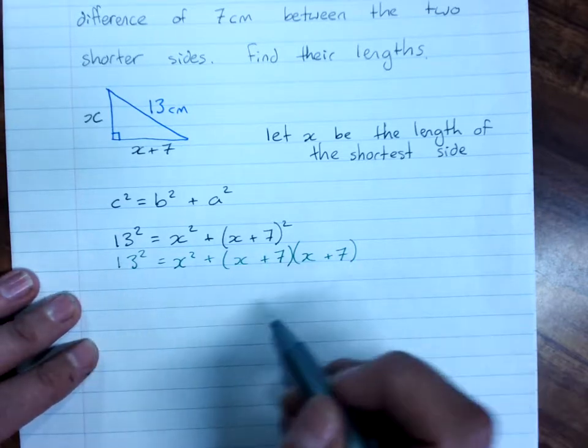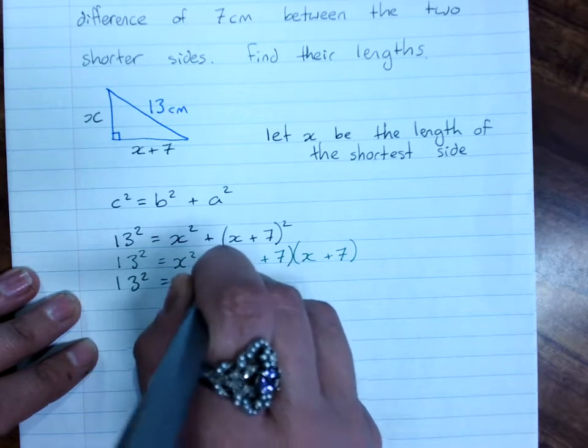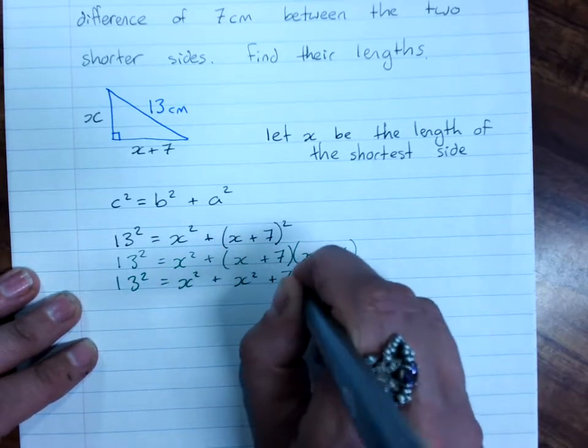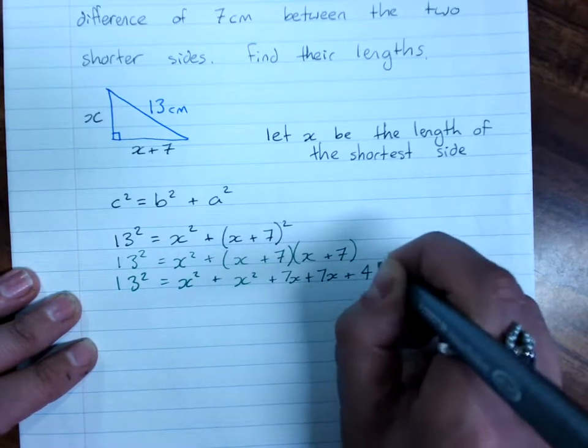So if you were doing that this way, it's 13 squared is x squared plus x squared plus 7x plus 7x plus 49.